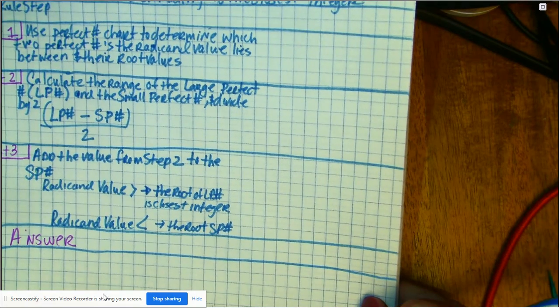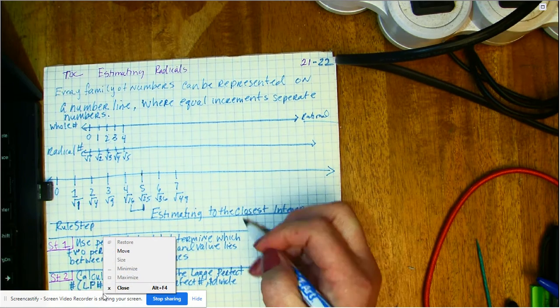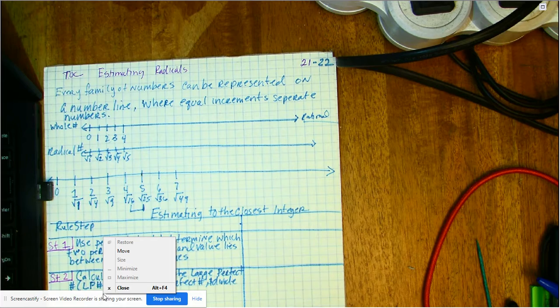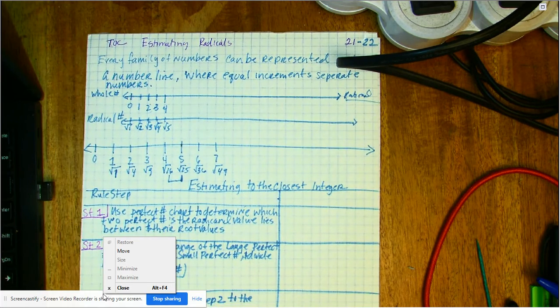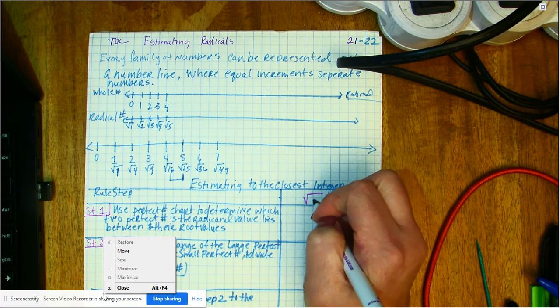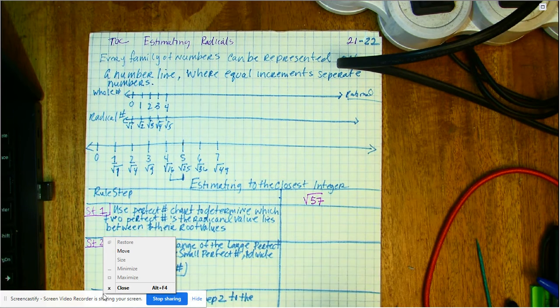Okay, let's go ahead and do an example here. So radical 57.